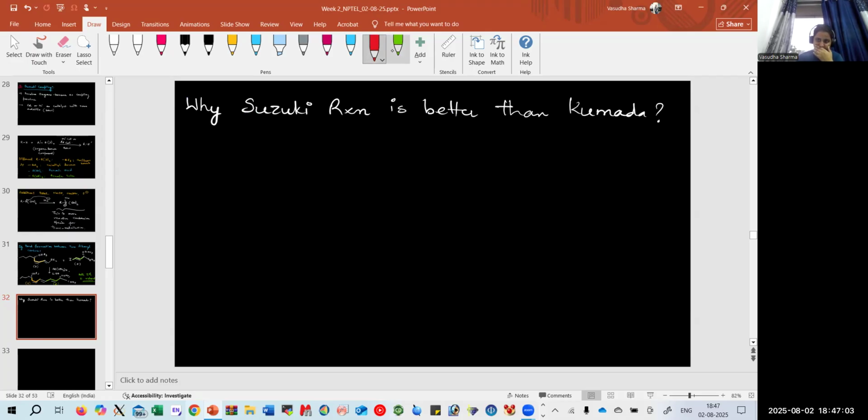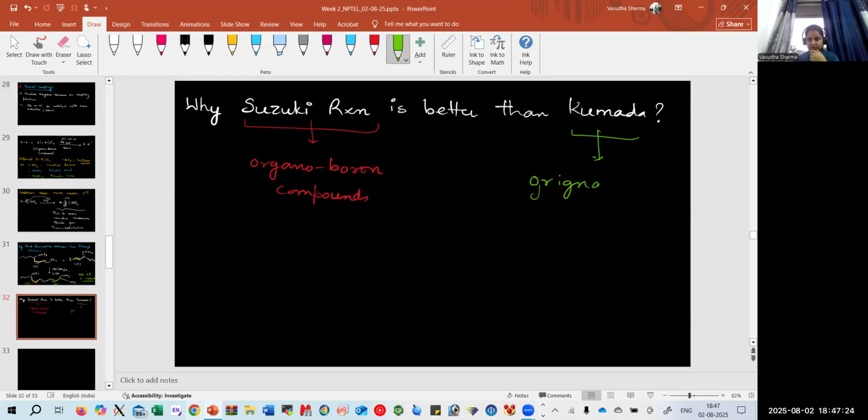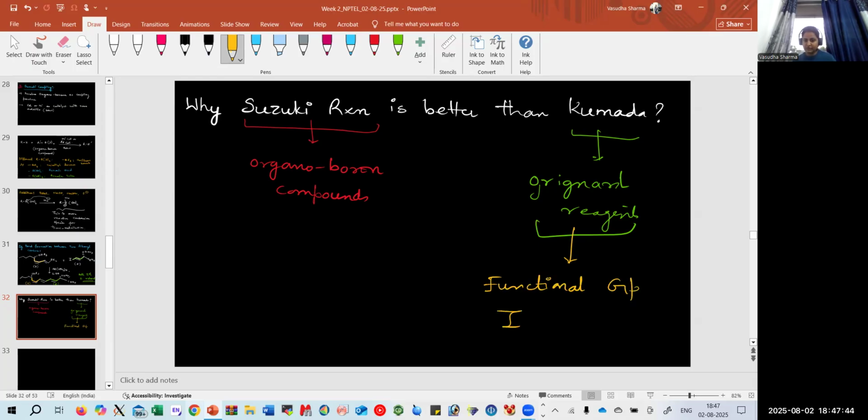If you carefully see, this involves organoboron compounds, and this involves Grignard reagents, which are basically functional group intolerant.